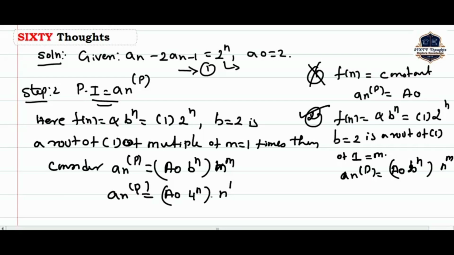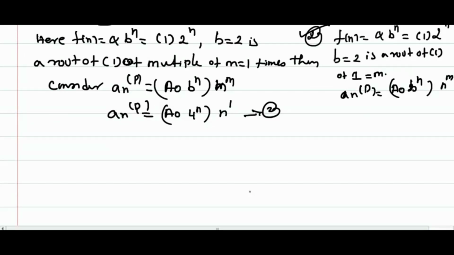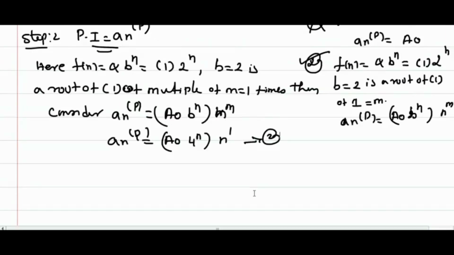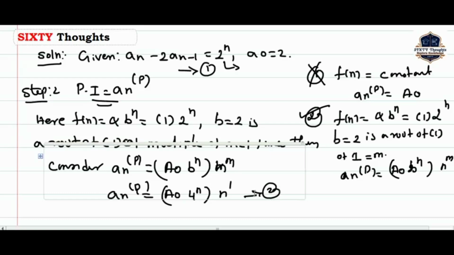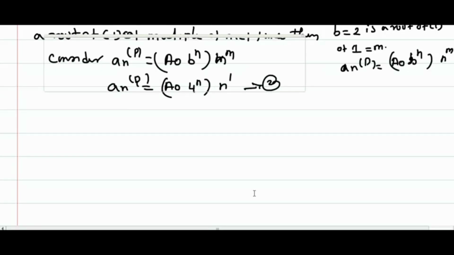Here this is equation number 2. Now substitute equation 2 in equation 1. What is equation 1? a_n minus 2 a_(n-1). Substitute equation 2 in equation 1.